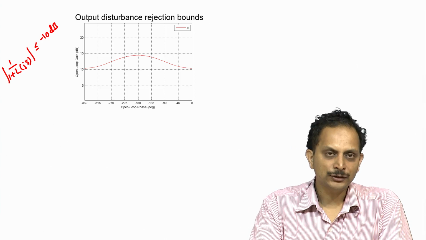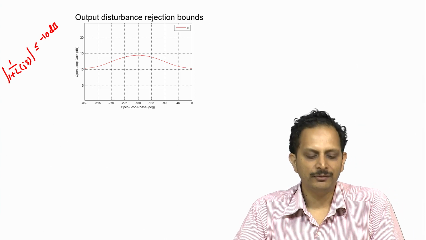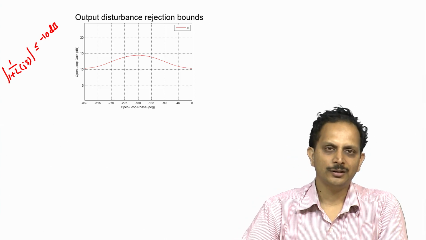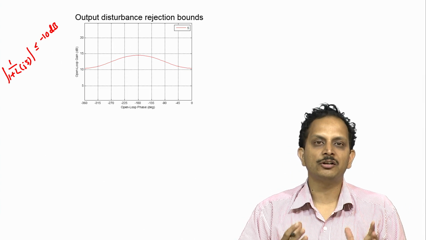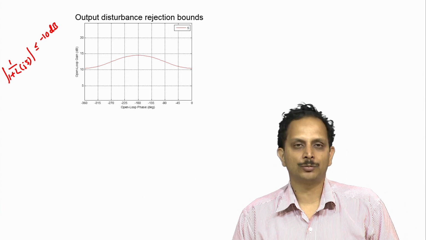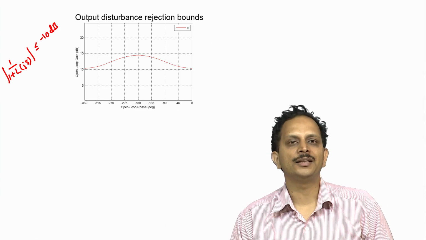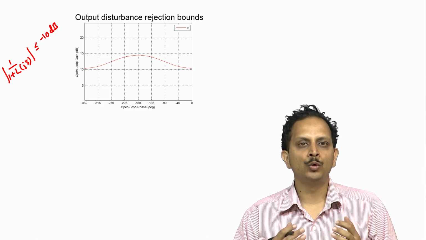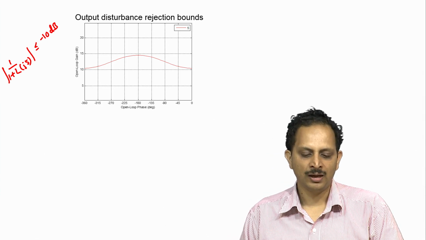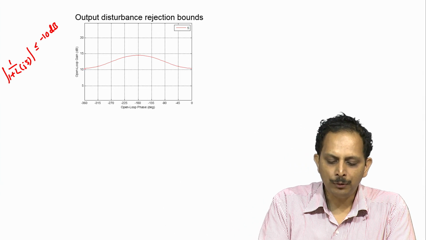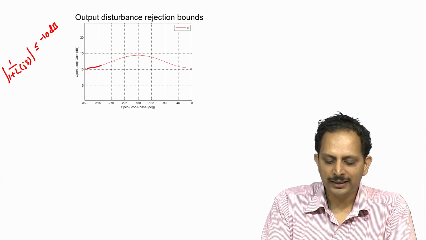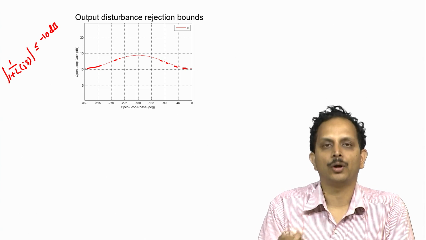And as we discussed in the previous clip, this equation essentially represents a certain region in the Nyquist plot or equivalently in the Nichols plot where the loop gain L can lie, and the boundary of that region is given by the red curve that has been plotted here.